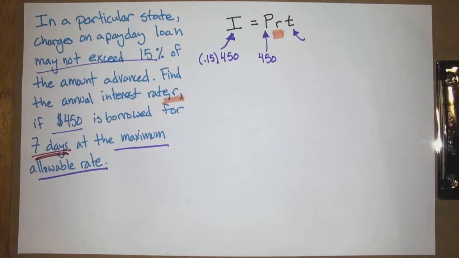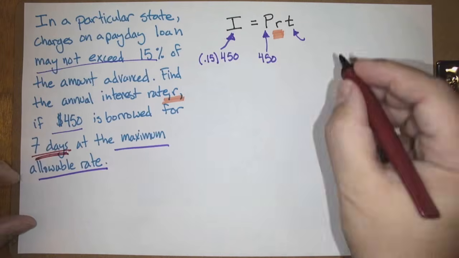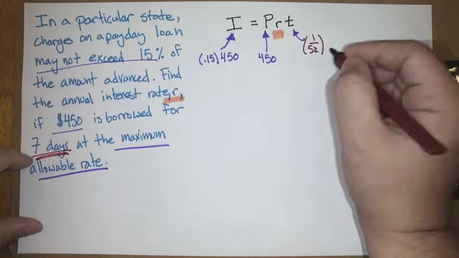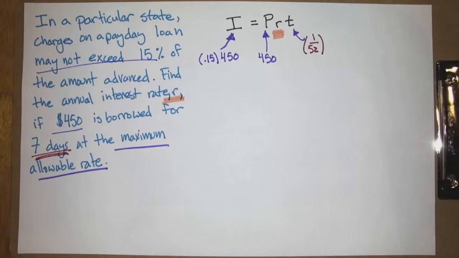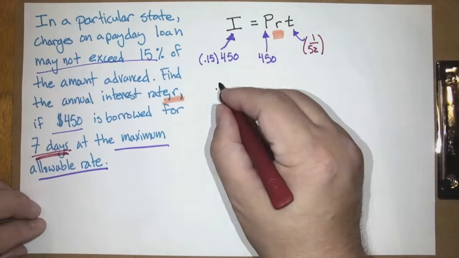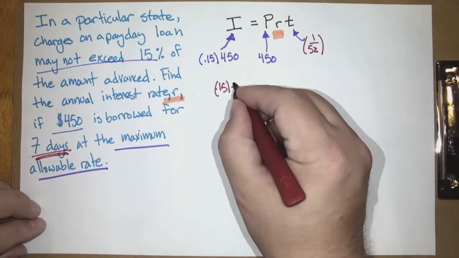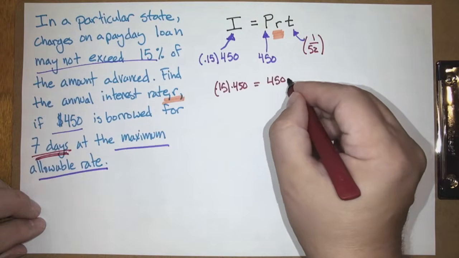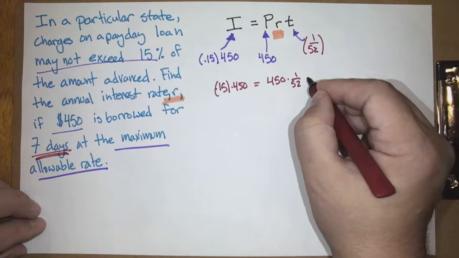We can think of 7 days, by the way, as 1 week. So, what would T be? 1/52. That's the portion of the year that you have to pay it back. So, we have 0.15 times 450 is equal to 450 times 1/52 times R.